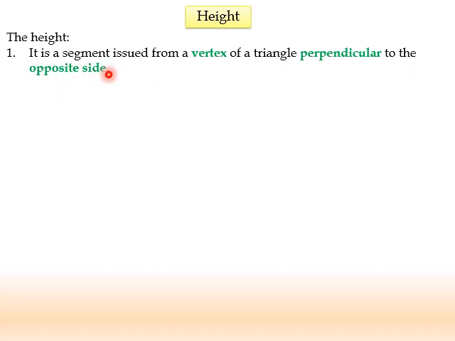When we talked about median, we said that it's a segment issued from a vertex to the midpoint of the opposite side. That was about median. Now, the height is issued from a vertex perpendicular to the opposite side. Okay, it's perpendicular. We can also call it an altitude or orthogonal projection.